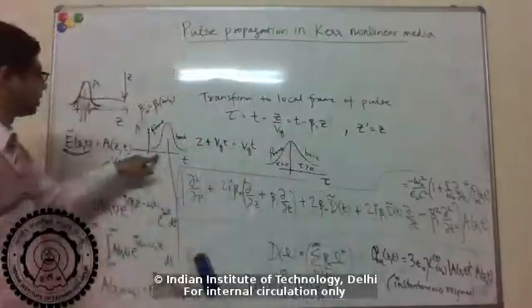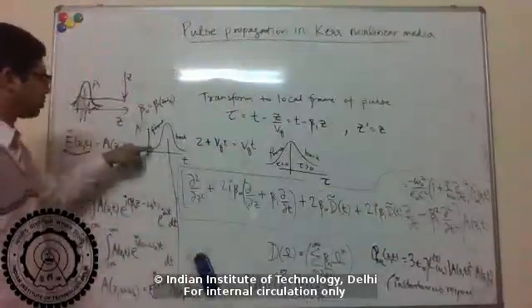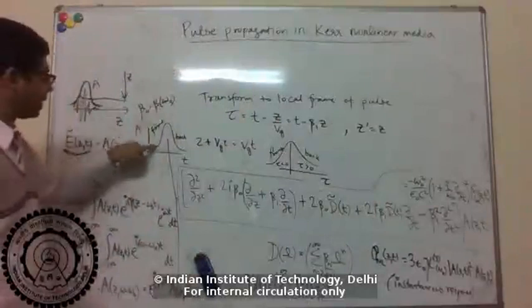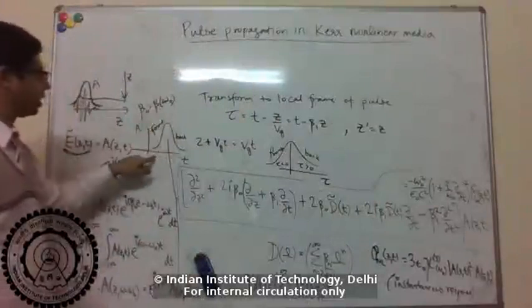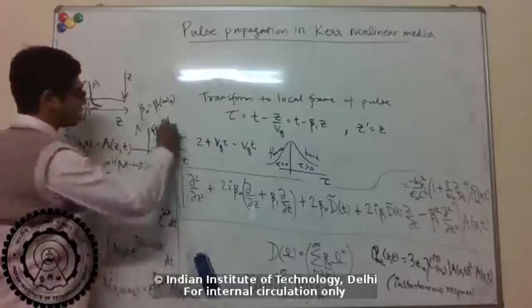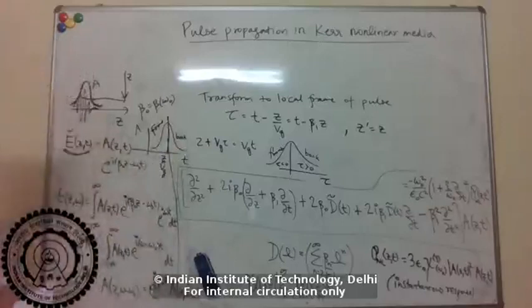So go back to this picture. If I stand at a particular Z, and I measure the pulse going by, I'll get something like this. So t small, and this center will be Z over Vg, assuming, for example, the pulse starts at Z equal to 0 and then moves with Vg.